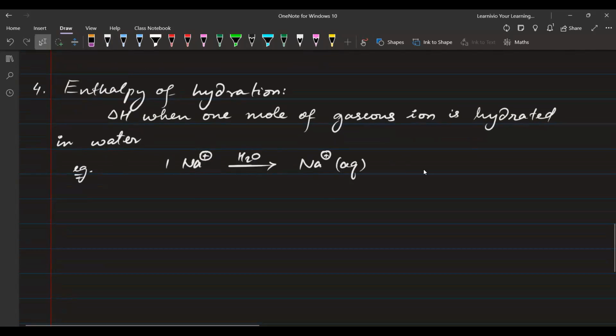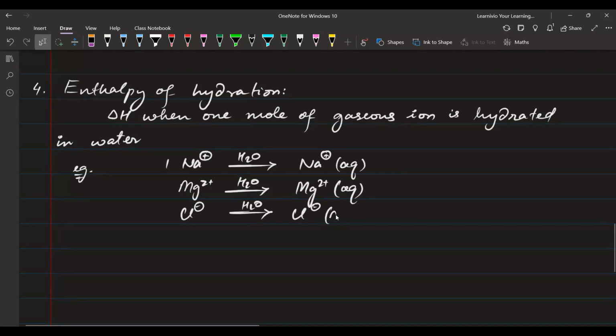Similarly, Mg2 positive will be dissolved in water and it will get converted to Mg2 positive aqueous. And similarly, Cl negative gets dissolved in water and you will get Cl negative aqueous. All of these reactions, whatever enthalpy or heat is released or absorbed, is known as enthalpy of hydration.